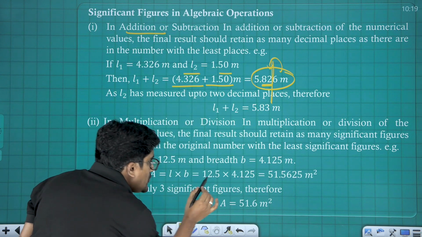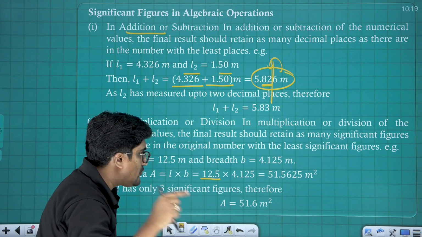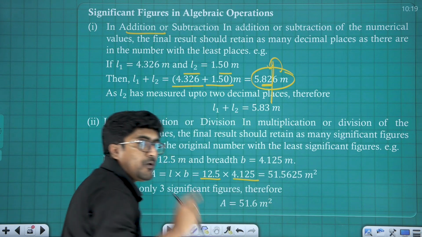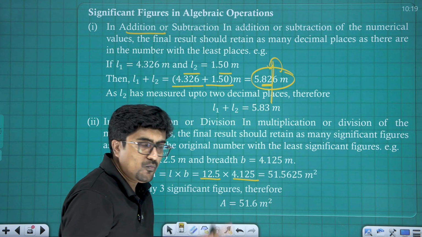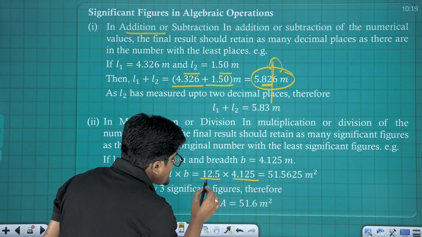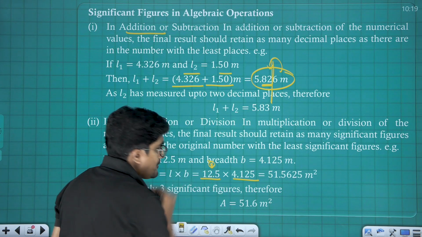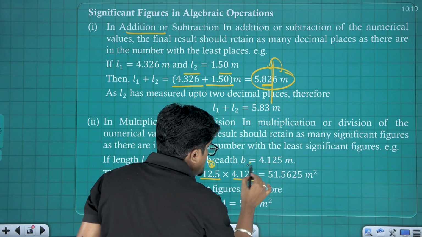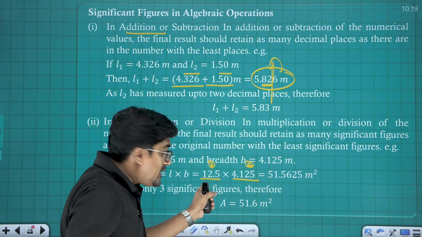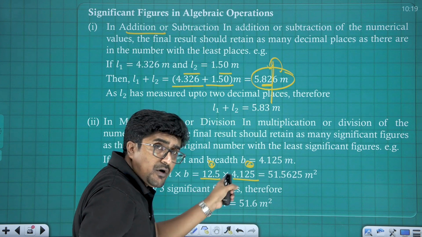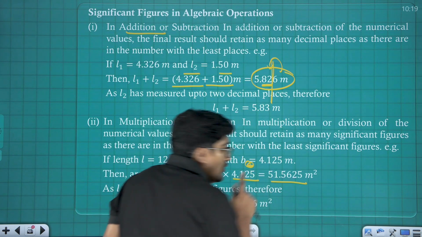Here, I am going to multiply 12.5 with 4.125. Here, how many significant figures are there? 3. And here, how many significant figures are there? 4.